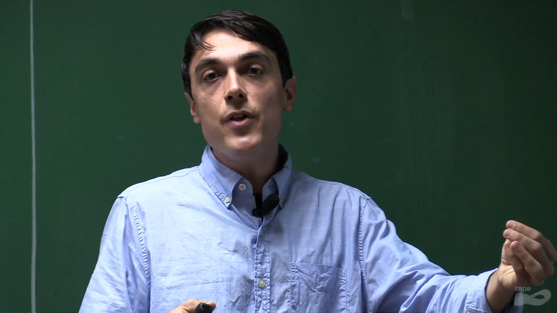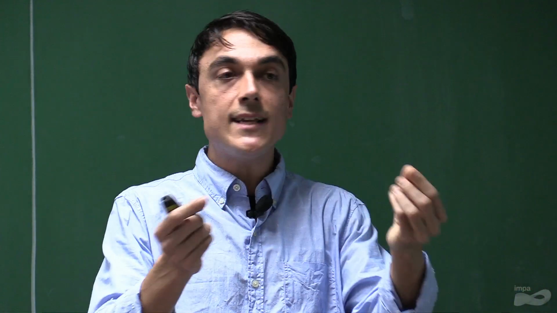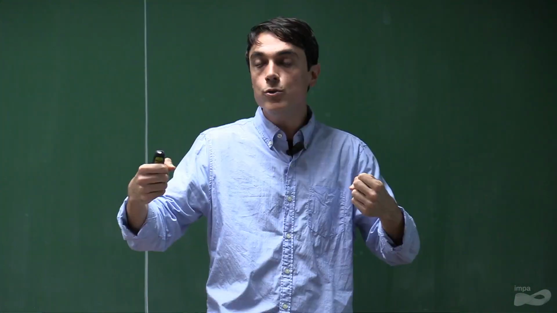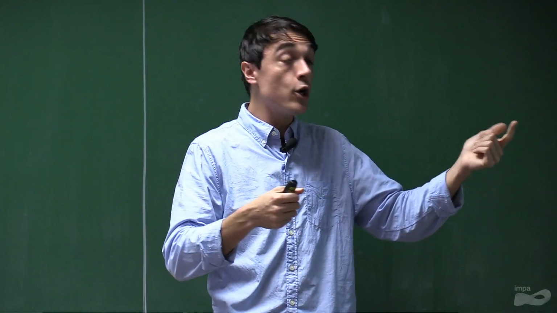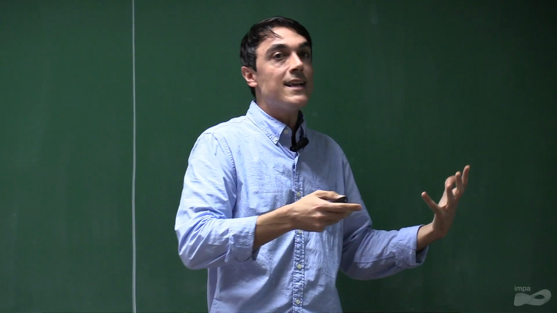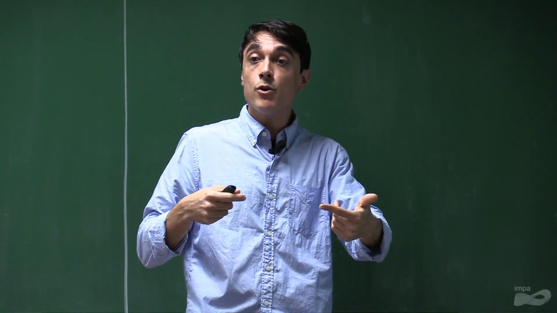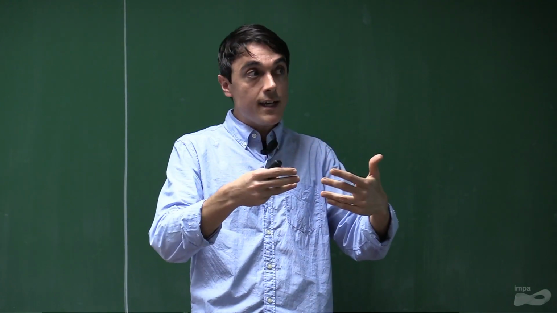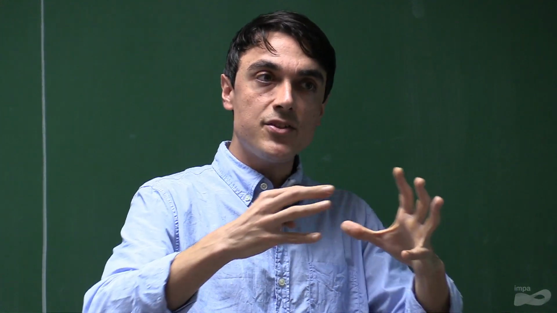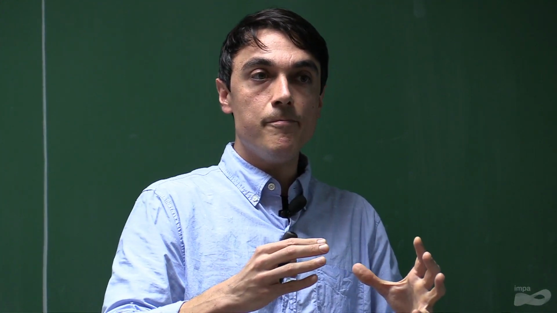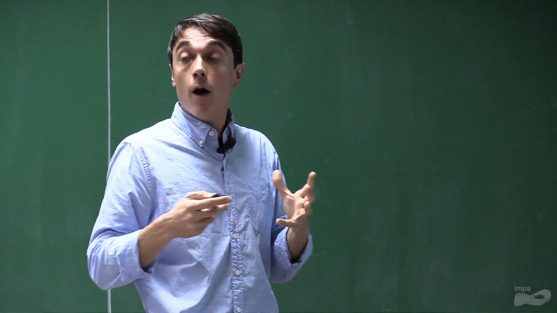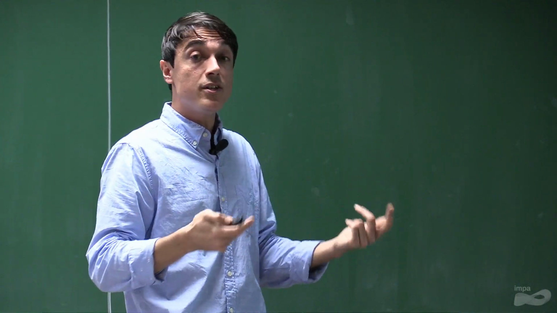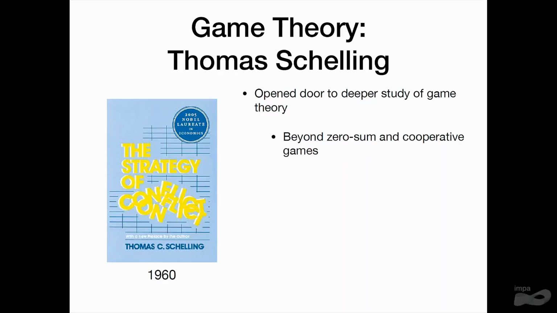We can't really do that in zero-sum because that's strict competition. You win, I lose, you win. So let's go to these other classes of games where there are mutually beneficial outcomes and try to study cooperation in the face of competition, mutual collaboration in the face of competition.